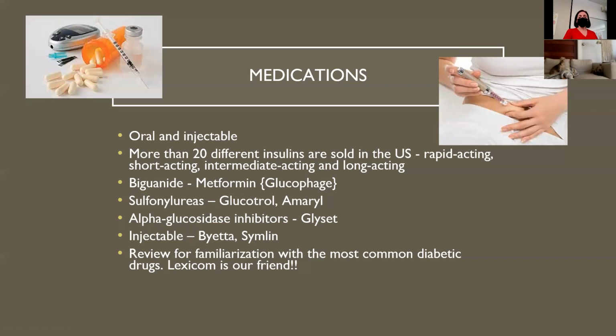Generally speaking, the oral hypoglycemic agents stimulate the pancreas to secrete more insulin. They also increase the body's response to the insulin. Sometimes with type 2 diabetes, they'll say that they are insulin resistant, and so these medications urge the body to respond better to the insulin.